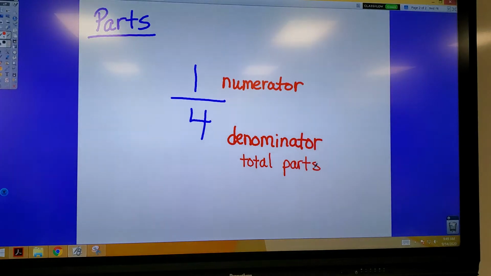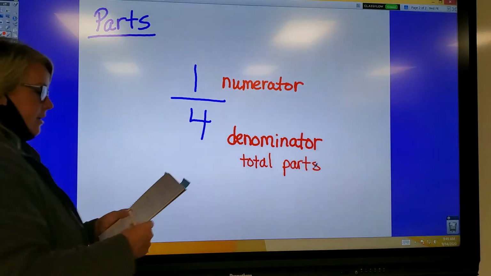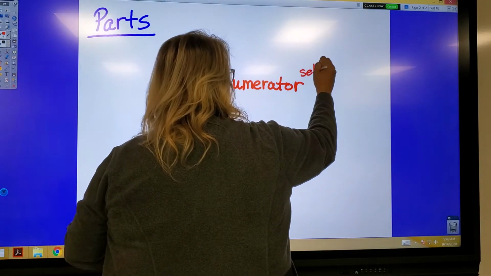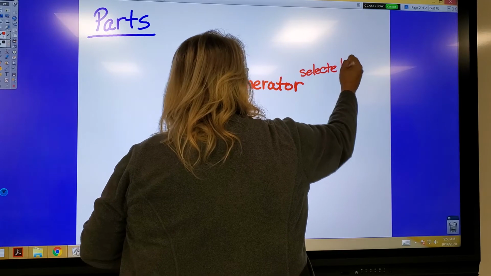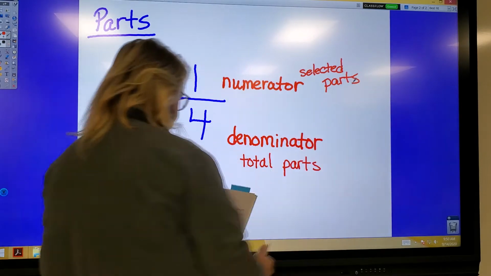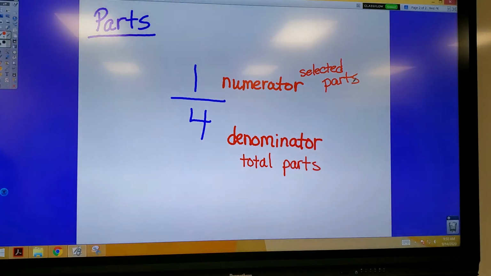How much is it actually? Okay, so if it was a picture, like how many parts were shaded in, or how many parts you're talking about of the 4, right? So I'm gonna call them selected parts. So again, the 1 would be how many parts are selected, and the denominator, the 4, would be how many total parts there are.